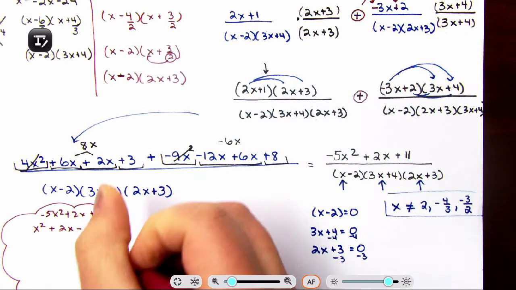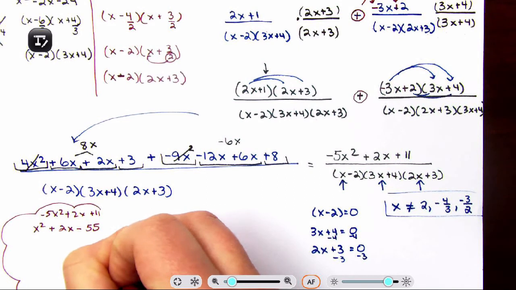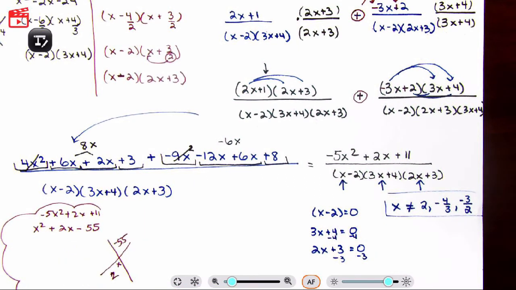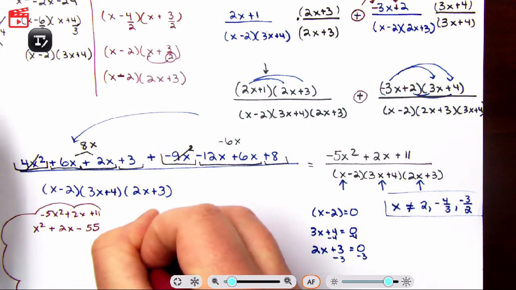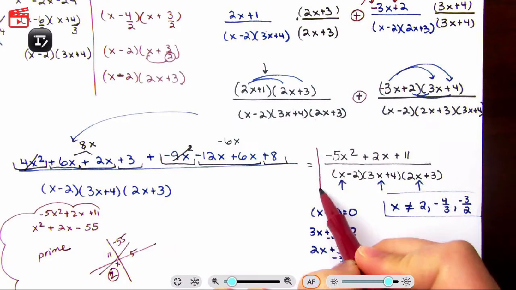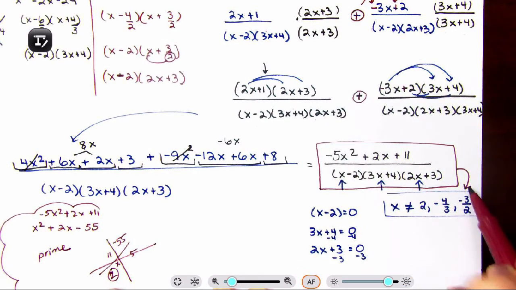So two numbers that add up to positive 2 and multiply to a negative 55. I'm thinking 11 and 5 is 55, and that's the only thing that will give me 55. But 11 and 5 do not give me 2, so therefore this is prime, and you cannot factor further. So therefore, this is your final answer with the excluded values.